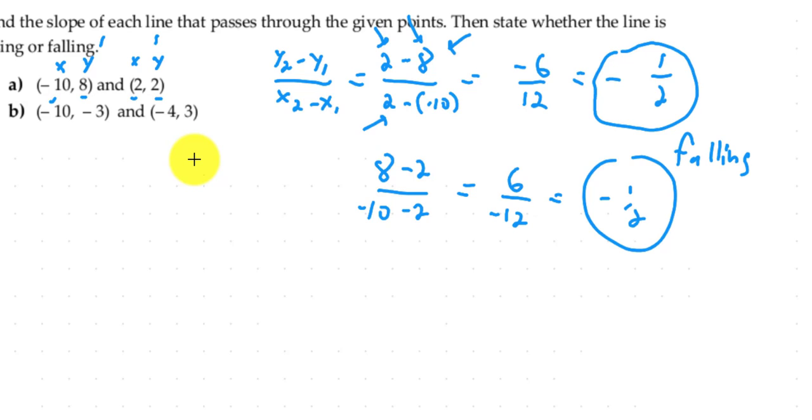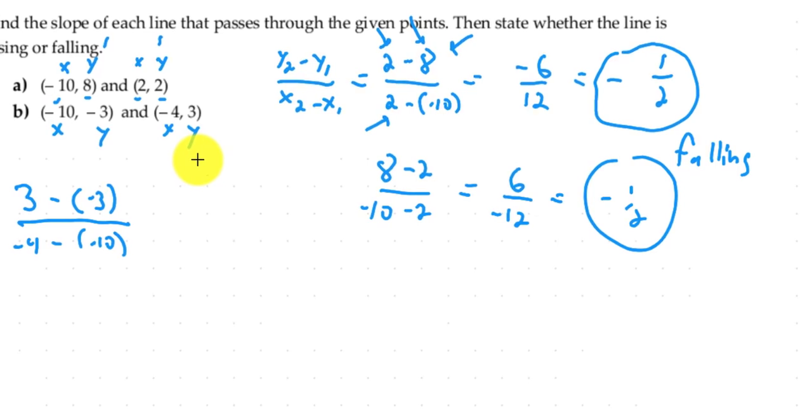The negative indicates falling. If I look at letter B, x y, x y, so I might do 3 minus negative 3. That's my y2 minus y1 over x2 minus x1. So my x's would be negative 4 minus negative 10. And let's see what we get.